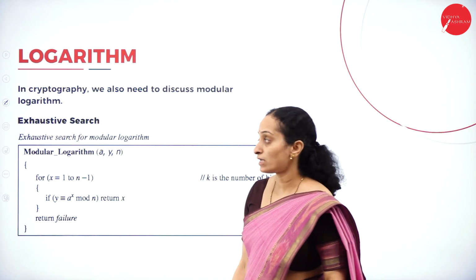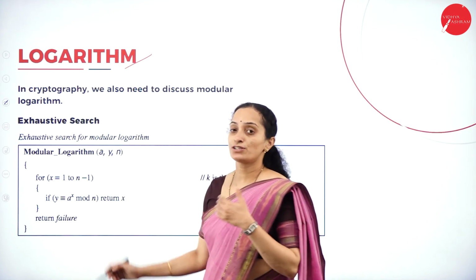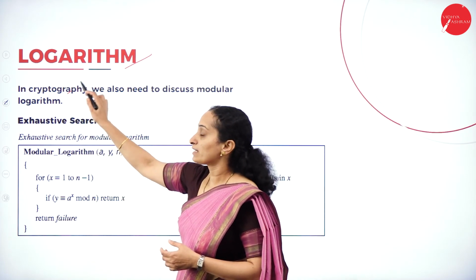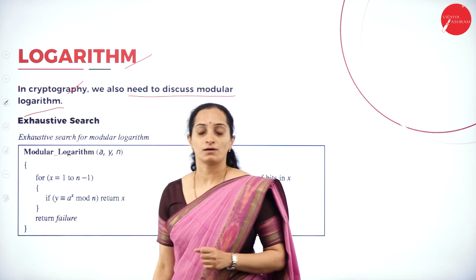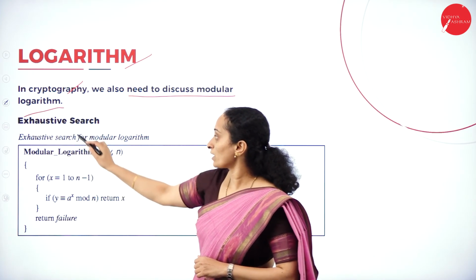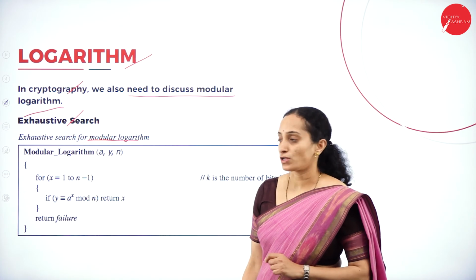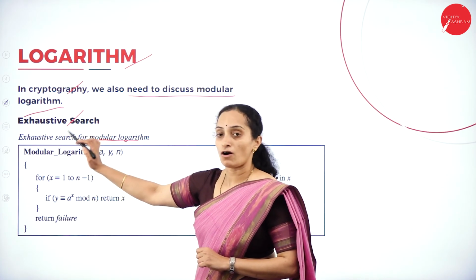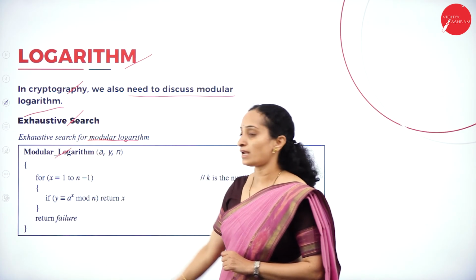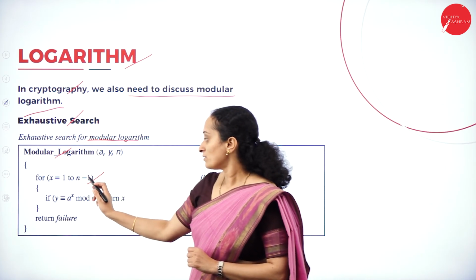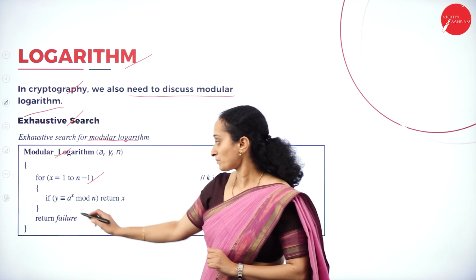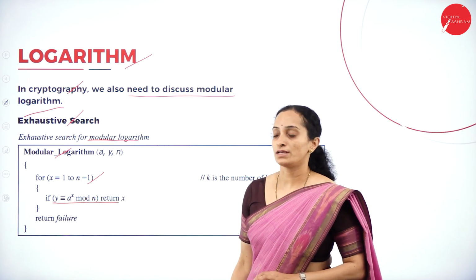Then we have the logarithm, which is the reverse of exponentiation. In cryptography, we need to discuss the modular logarithm, that is, with the modulo operation. Exhaustive search for the modular logarithm will be done like this: using x from 1 to n minus 1, we use the congruence operation.